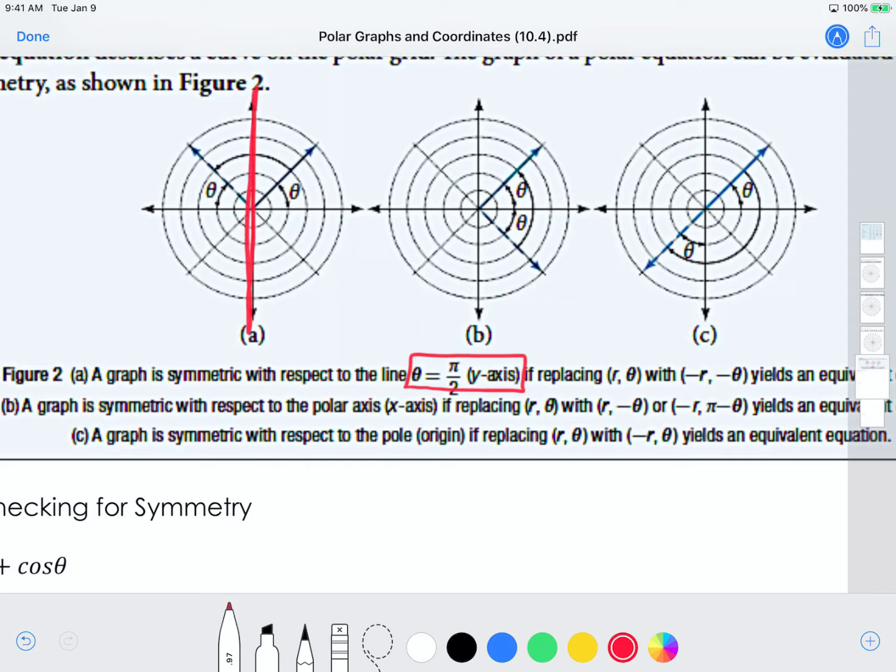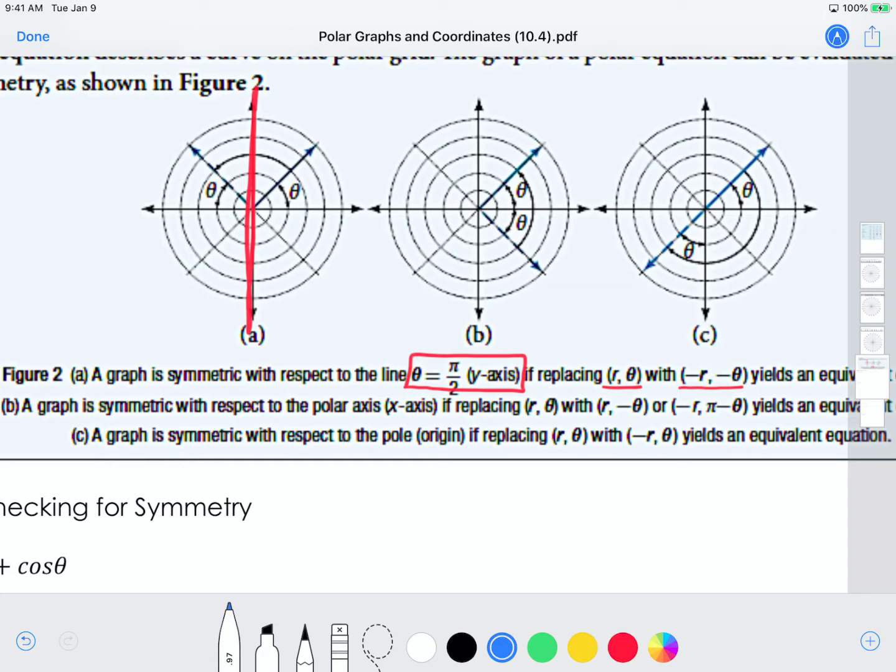That is the line theta is equal to pi over 2. And if we want to see if there's symmetry with respect to theta is equal to pi over 2, then what we're going to do is replace r and theta with negative r and negative theta. And if we get the same equation back as what we started with, then we'll know that we have symmetry about the line theta is equal to pi over 2.